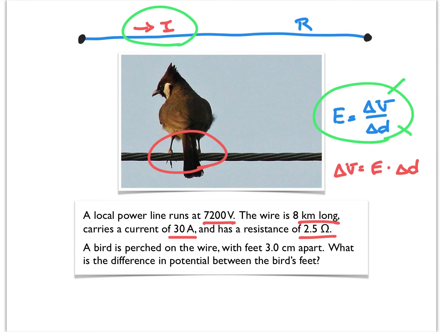And so I'm just going to use the length of the whole wire and the potential difference across the whole wire, and then I'll use it again, and I'm going to use delta V to be the potential difference between the bird's feet, and this distance is the distance between the bird's feet. And this is something that we'll talk about in class as well.